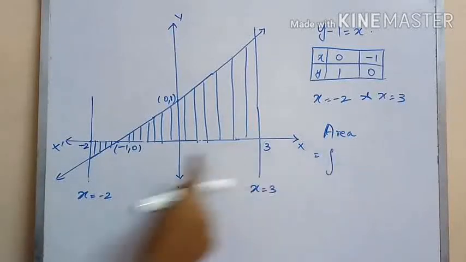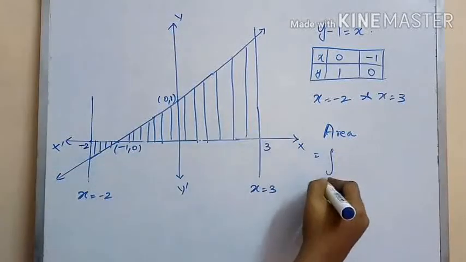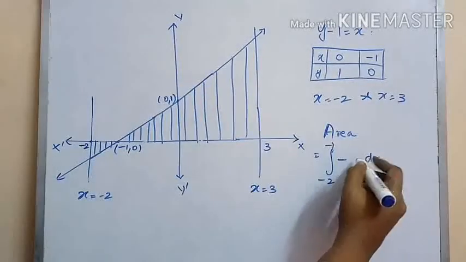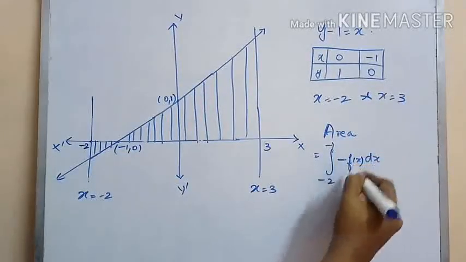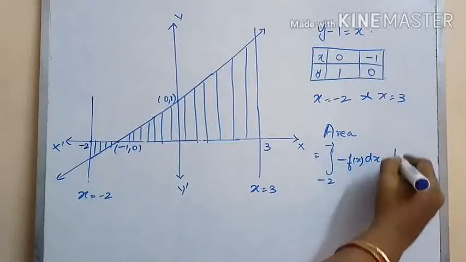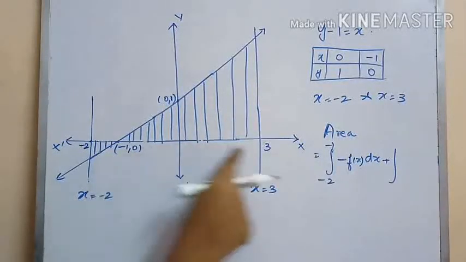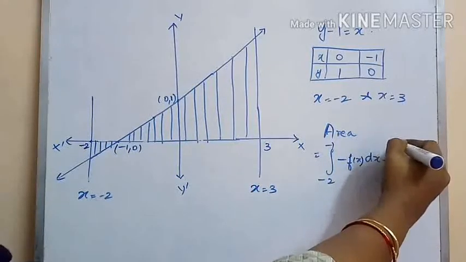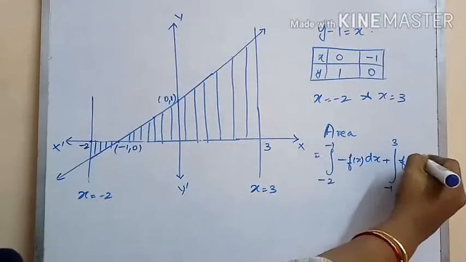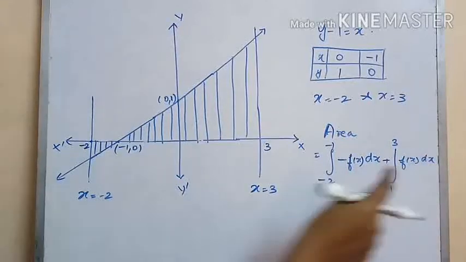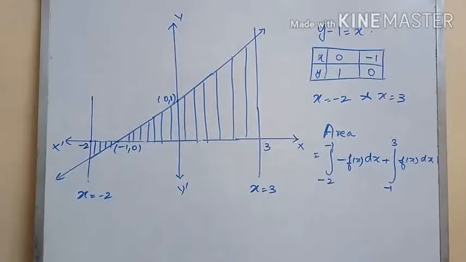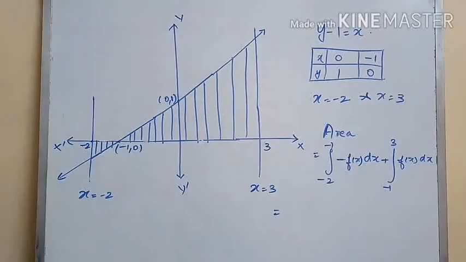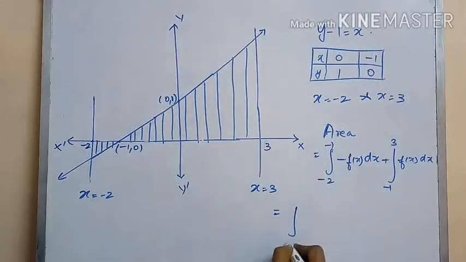above the x-axis. Therefore, the required area is integral minus 2 to minus 1, which lies below the x-axis, is minus f of x into dx. And the second part is integral minus 1 to 3, which is above the x-axis, so it is f of x into dx. So y is equal to x plus 1.